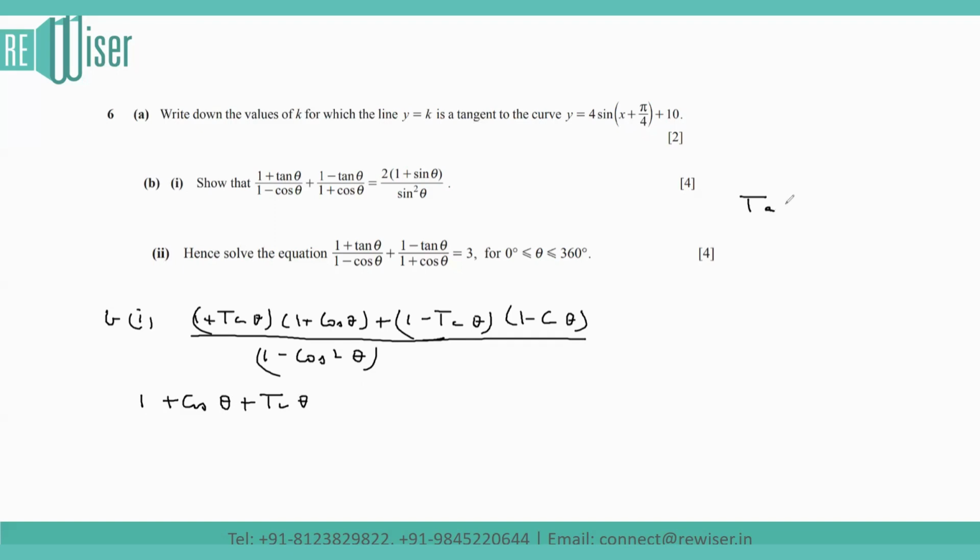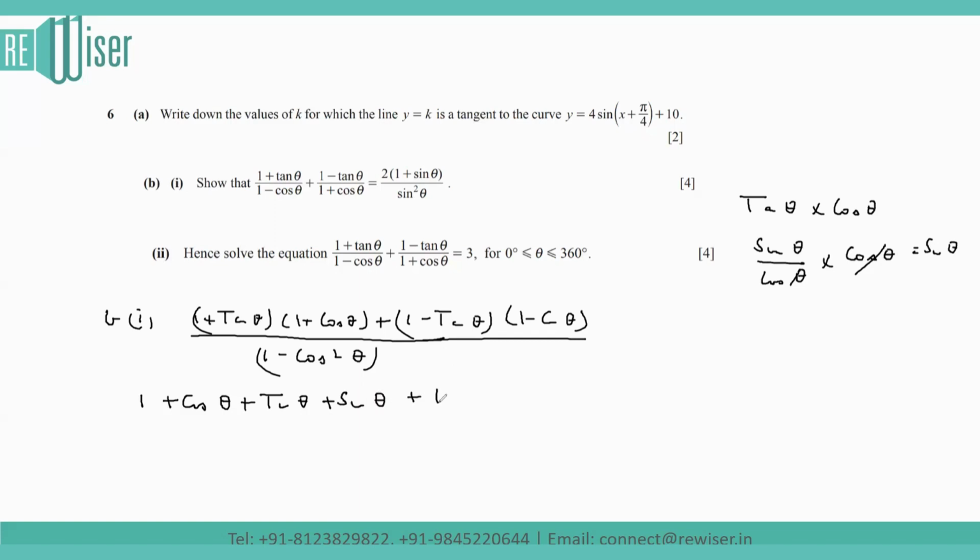Tan theta can be written as sine theta over cos theta, and if I multiply it with cos theta, I get sine theta only. So tan theta into cos theta we can write as plus sine theta.